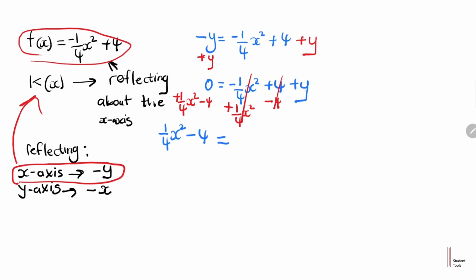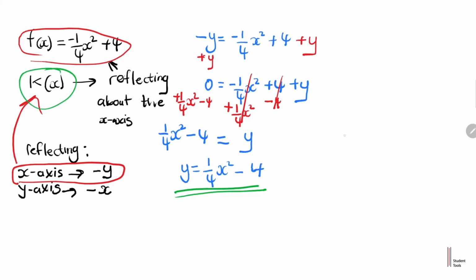All this is equal to this y. So we'll put the y here. And now we can write this equation as y equal to a 1 over 4x squared minus 4. Okay, so this is the reflected graph, but we want to describe it as K. So we will say K of x is equal to a positive 1 over 4x squared minus 4. And that is just how we determine the graph of K, which is the reflection of this f.